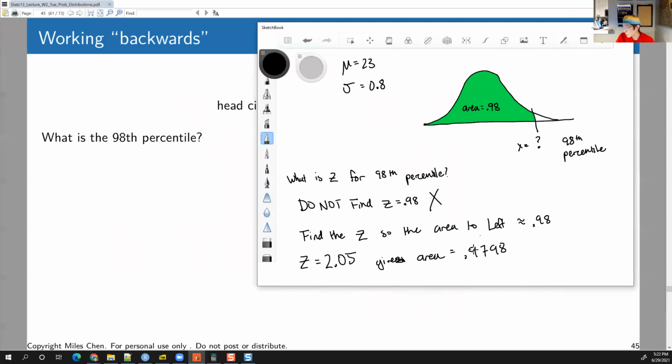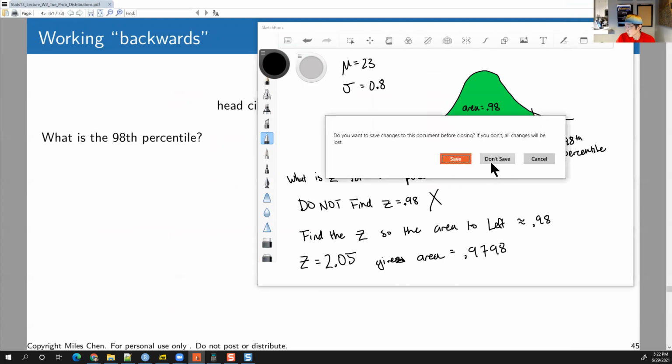Now once we have this z-score, 2.05, corresponding to the area 0.9798, I have to convert this from a z-score back into x. So I'm going to make a new slide here.